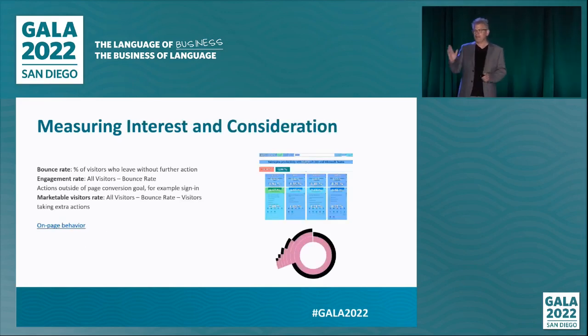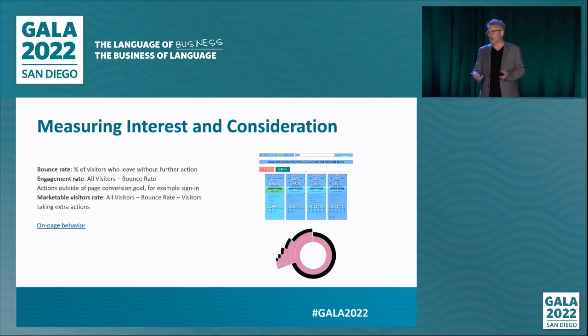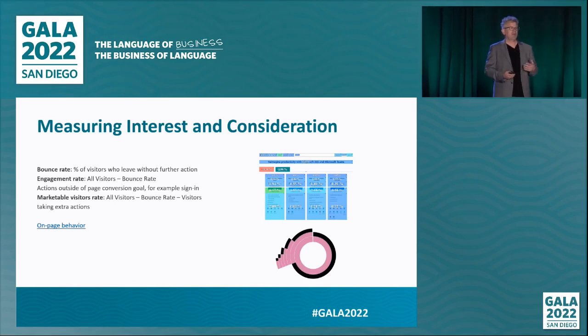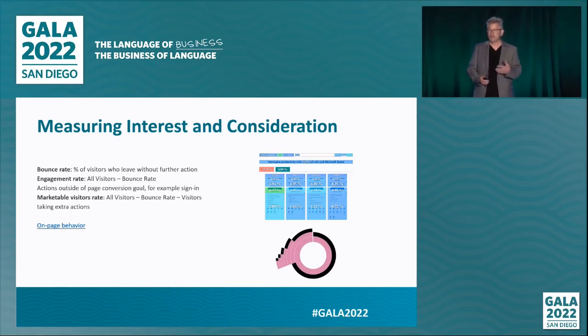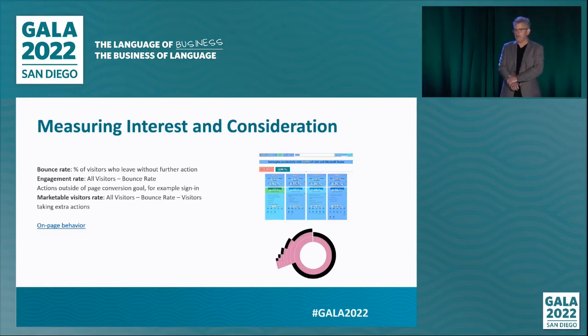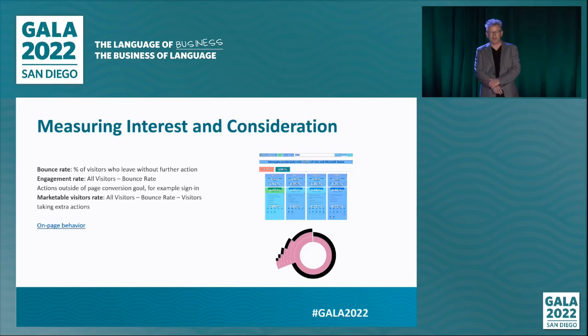So that is the first step. You just want to get as many visitors, but obviously just having visitors on the page doesn't really do a whole lot, right? How do you take the next step? How do you get them to being really interested in whatever you're offering them on those pages, to even considering to convert? So there's a few really great measures that you can take. So one is the bounce rate, which basically is the number of people that leave your page without taking any action.